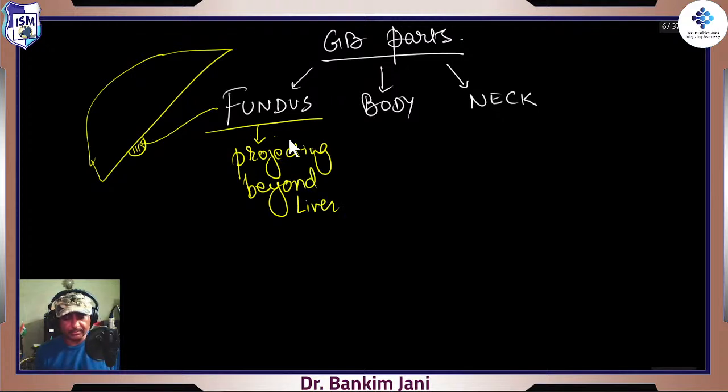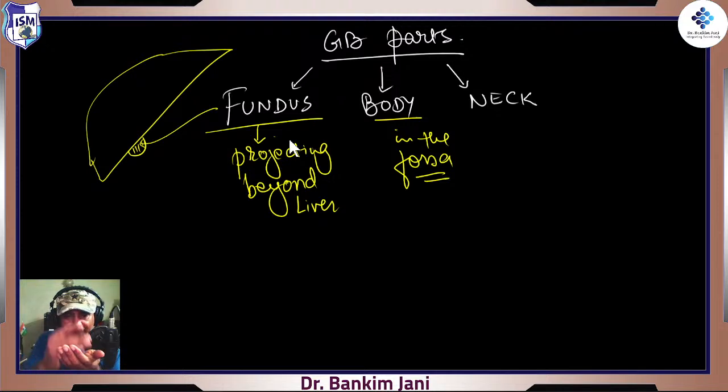So this is one point to remember. The body is in the fossa. When we study the liver, we'll see that in the liver there is actually a depression in which this body is sitting, and it is the fundus which is extending beyond the liver.